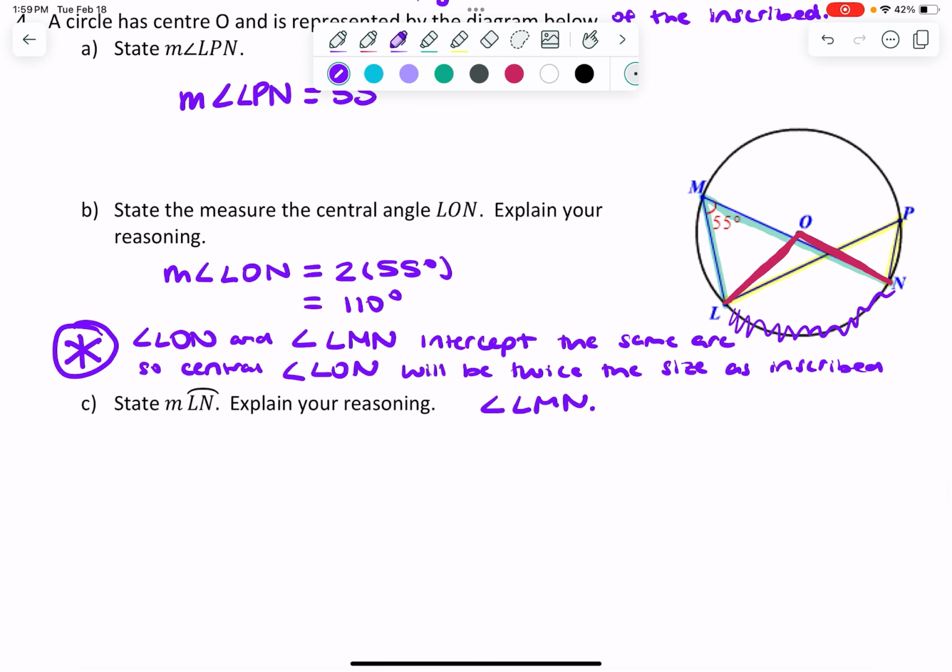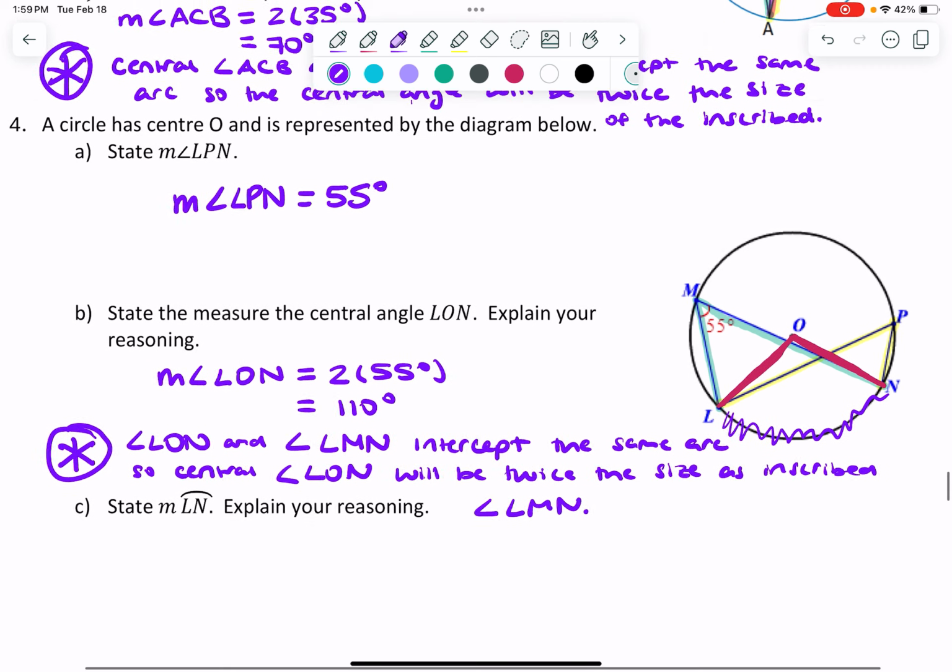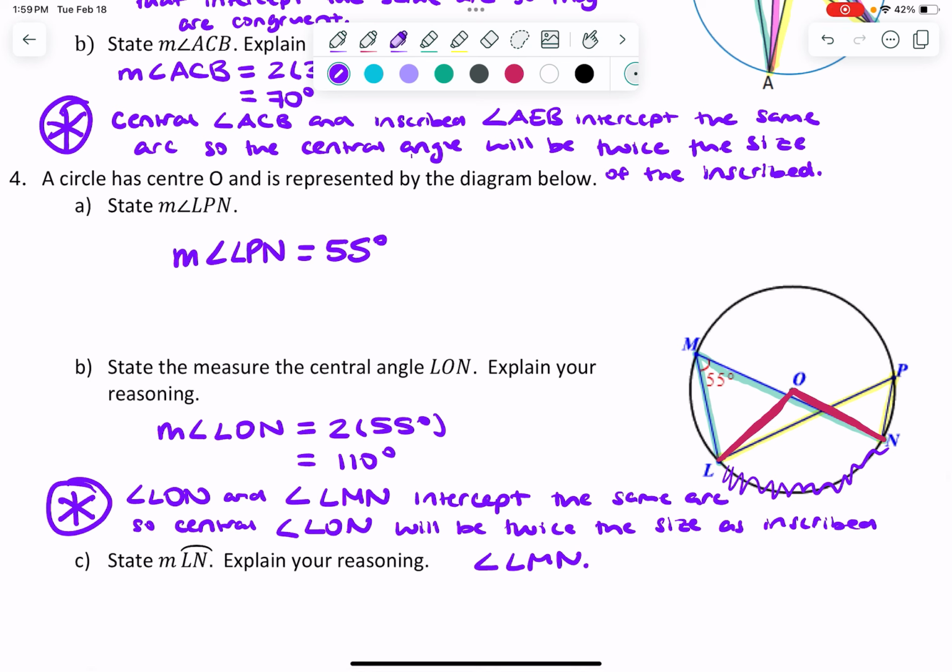Now, I intentionally wrote this with slightly different wording than the example above that I've also starred. Because even though I could have just changed the angle names, I wanted to point out that as long as I have those two key components of those angles intercepting the same arc and the size comparison between the two, then I am more than okay.